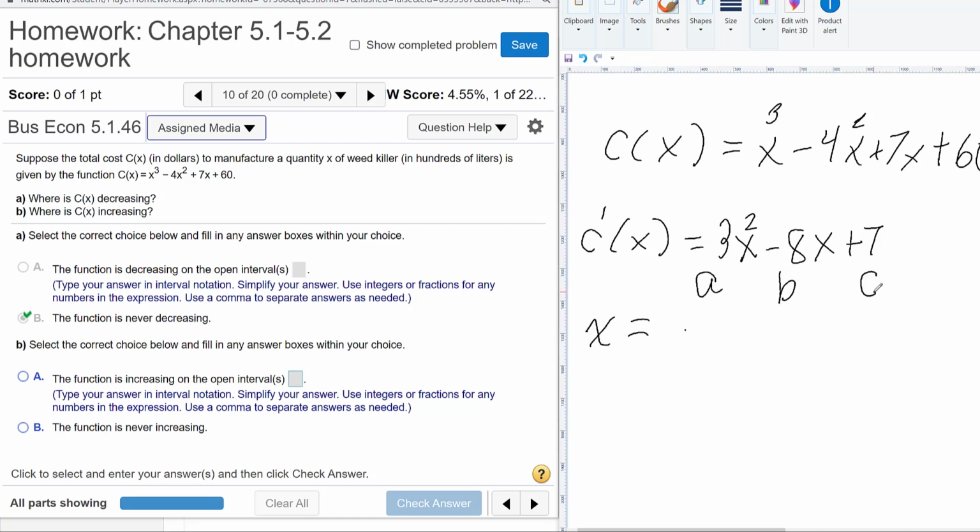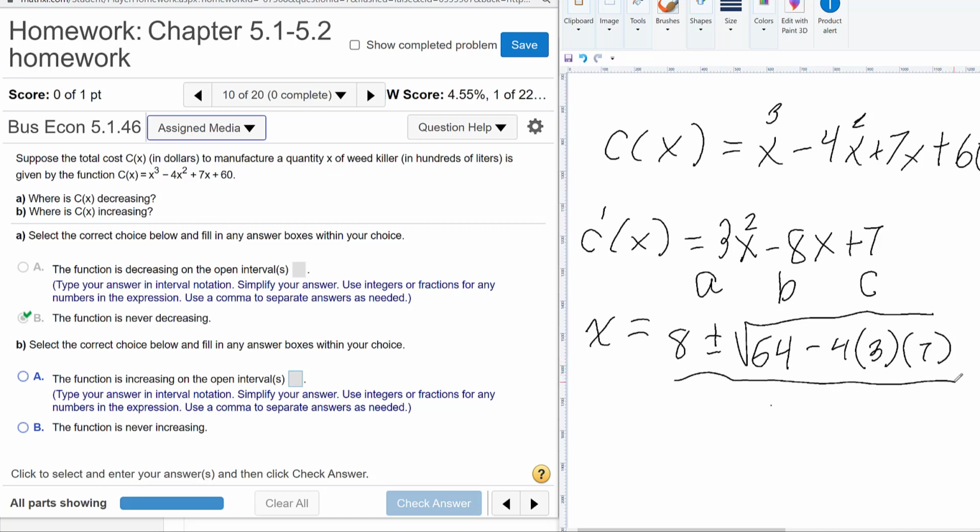So the opposite of b is 8, plus and minus the square root, b squared, 64, minus 4 times a, 3, times c, 7. All of that is over 2a.